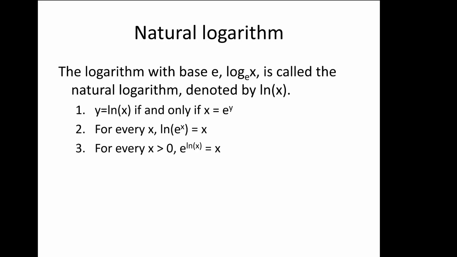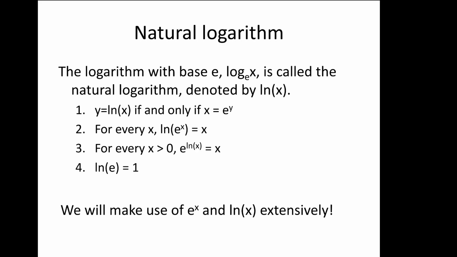So it's defined in terms of its inverse function relationship with the exponential function, base e. Rules 2 and 3, or statements 2 and 3, are the special cases of the cancellation law, just replacing b with e. Cancellation law with base b equals e.